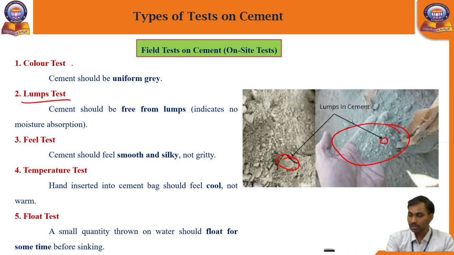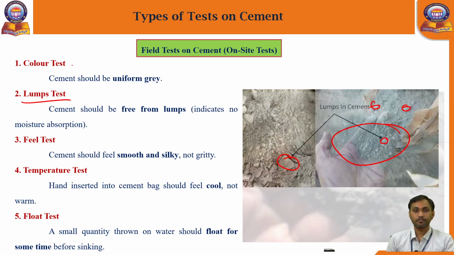If solid particles of lumps are present in the cement, it indicates that some percentage of moisture absorption is present. If it is free from lumps, there is no moisture absorption.